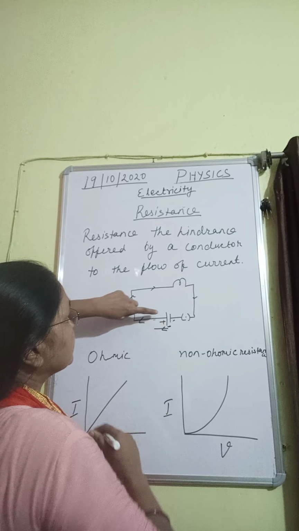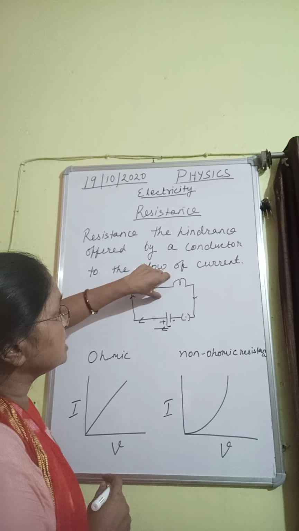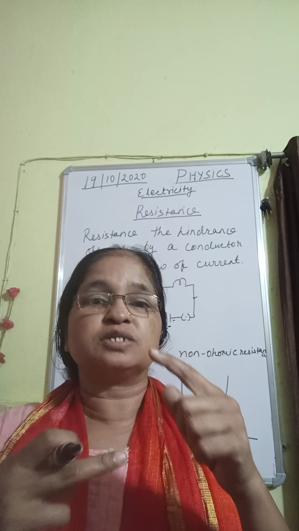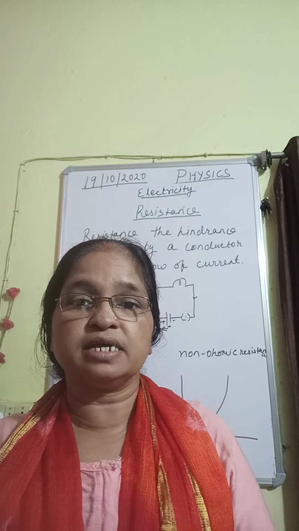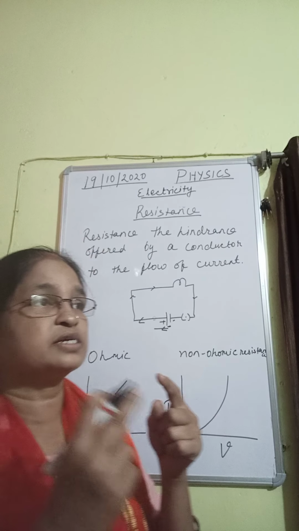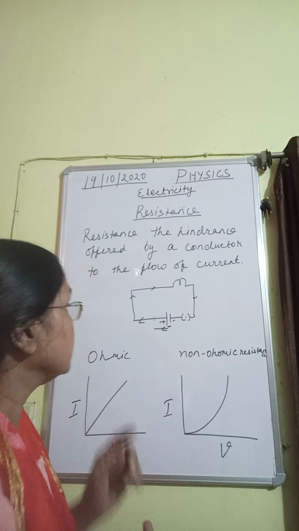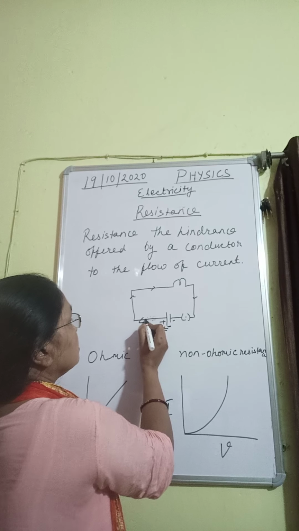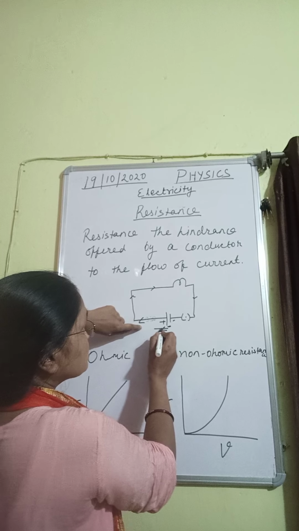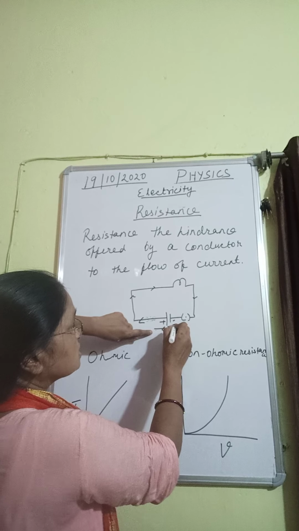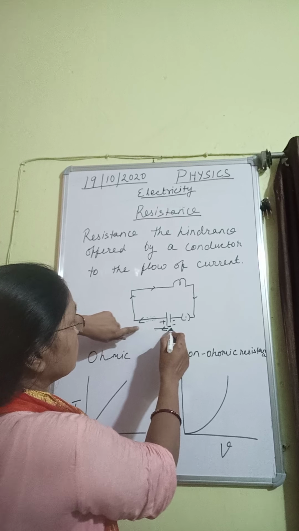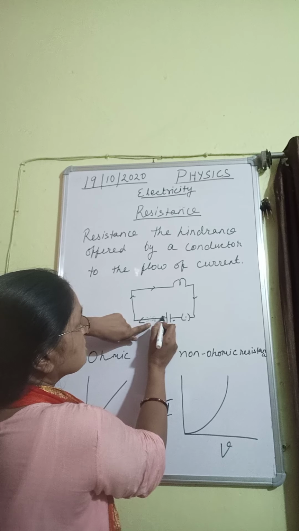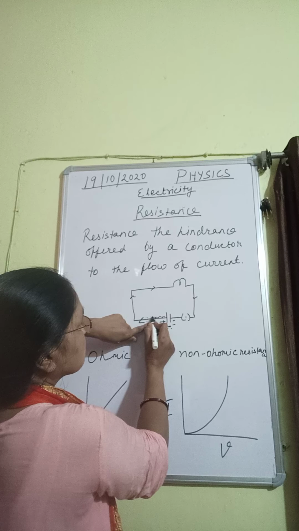You also know that this is a conductor, and a conductor has free electrons in its outermost shell, that is the valence shell, and these free electrons revolve around the nucleus. So the force applied, or the work done by the cell, makes these free electrons move in a certain fixed path.